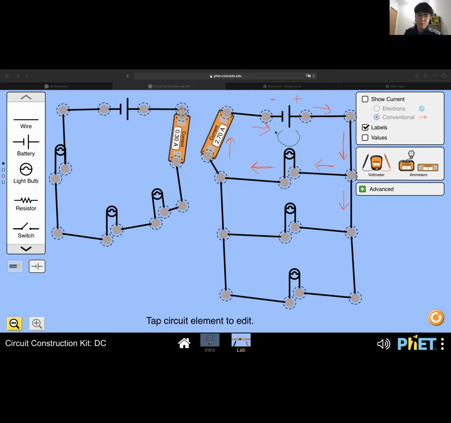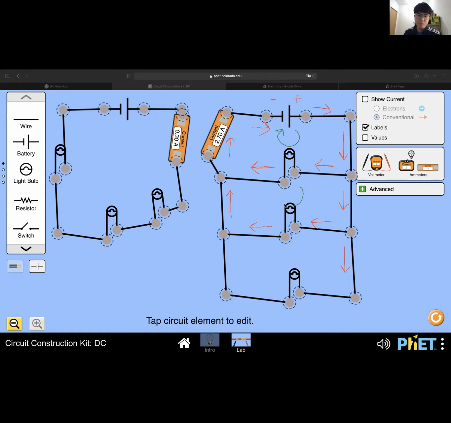This is one loop. The current that flows down reaches the second junction over here. Again, some current will go in, some current will go down. Some drivers will go this road, some drivers will go this road. So both. Now the current goes in here, again comes back to the negative.